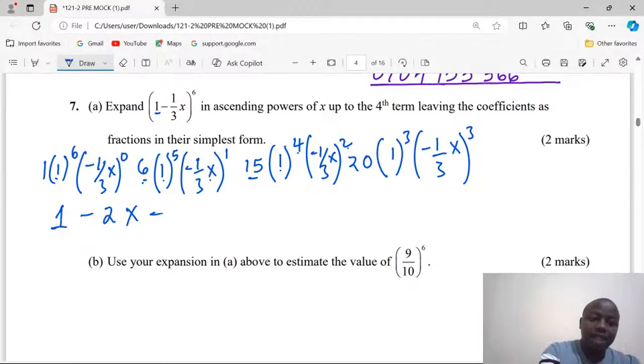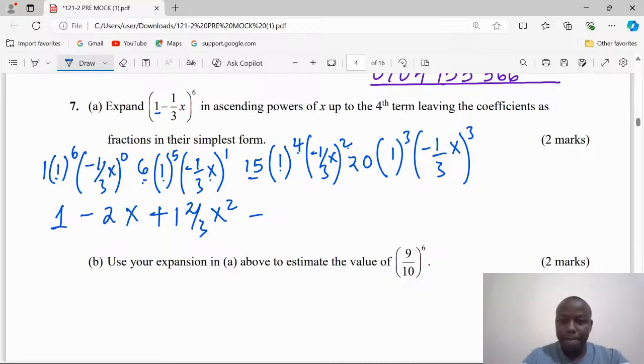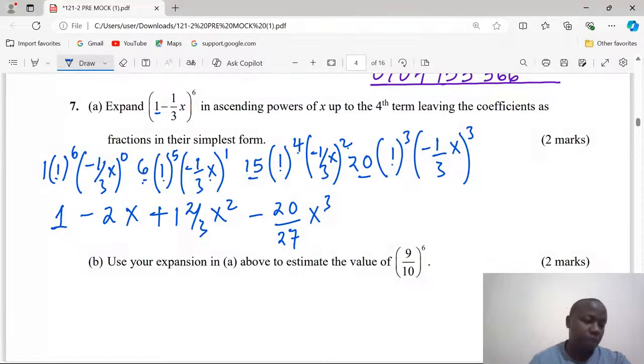So I will be having 1 and 2 thirds x squared. And finally, I'll have minus. This is a 20. 1 power 3 is 1. Then negative a third cubed becomes negative 1 out of 27. So I'll be having 20 out of 27, and x is now raised to power 3.